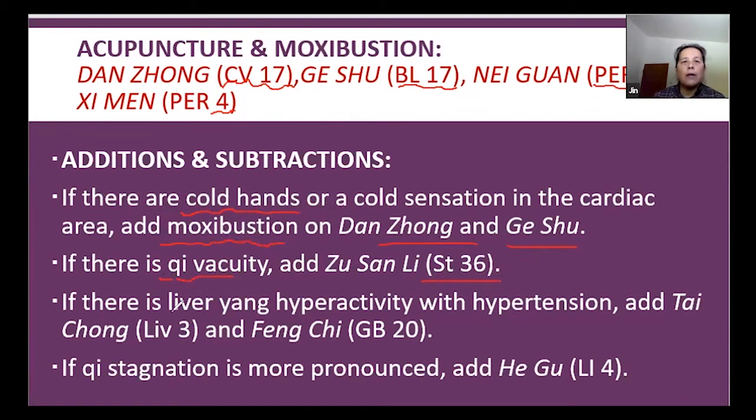If there is liver yang rising, we can go to liver and gallbladder points. For qi stagnation, we can use LI4 with Liver 3 together. Usually we call this the Four Gates, which means moving qi more strongly.